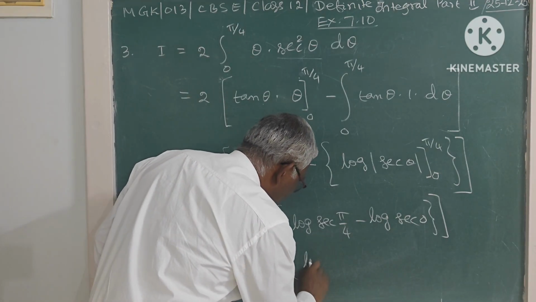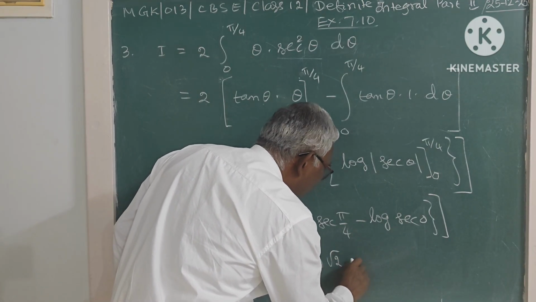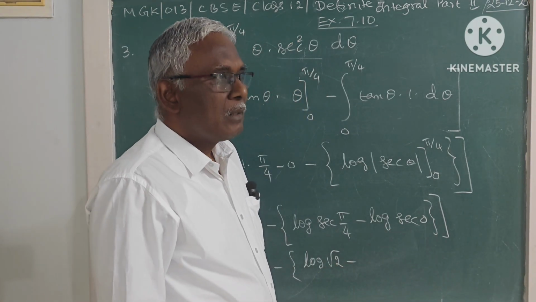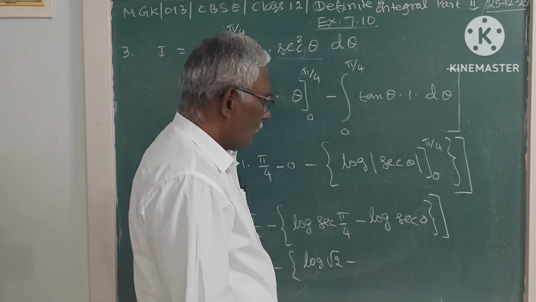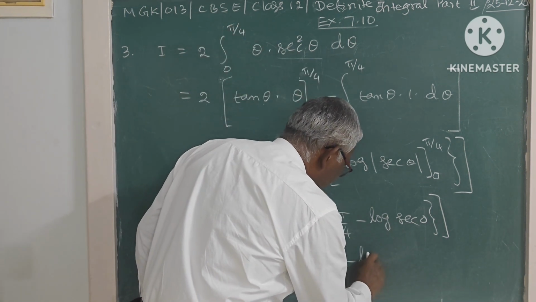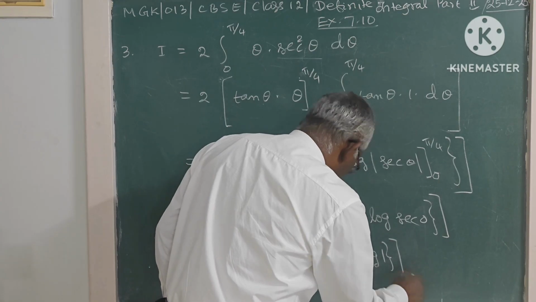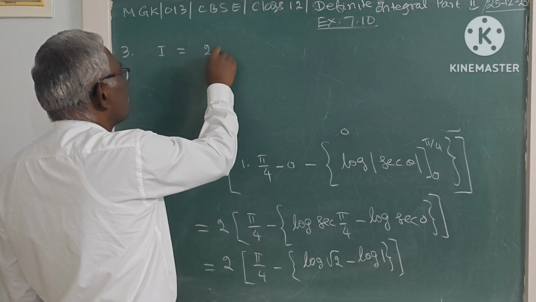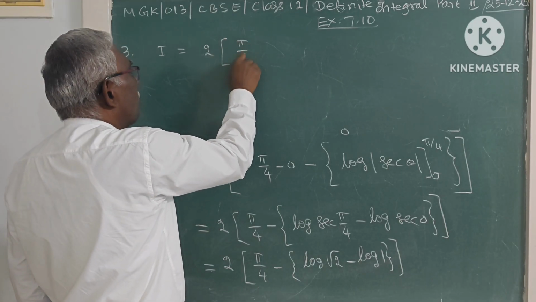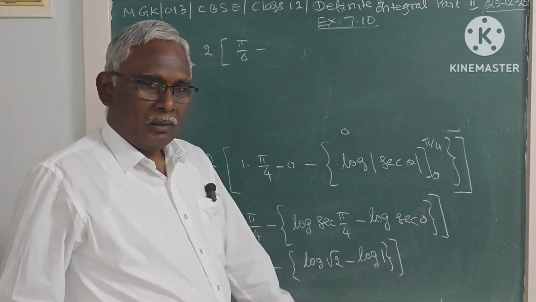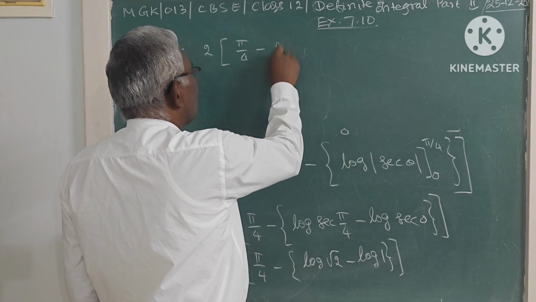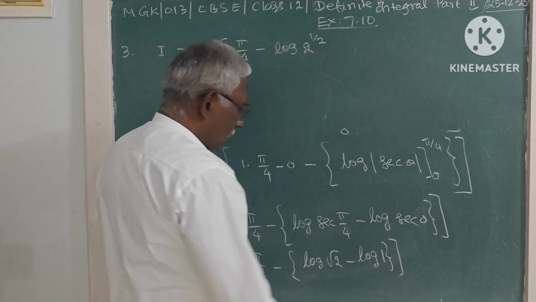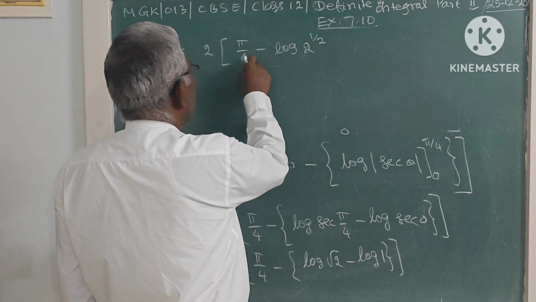So this will become log root 2 minus, cos 0 is 1, secant 0 is 1 by 1, that is equal to 1, so log 1. Two times pi by 4 minus log root 2, that we can write as log of 2 power half, and log 1 value is equal to 0.